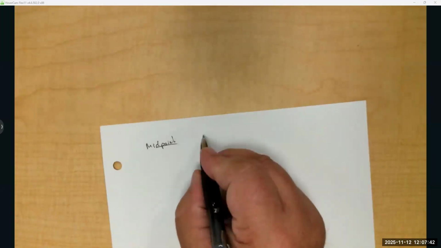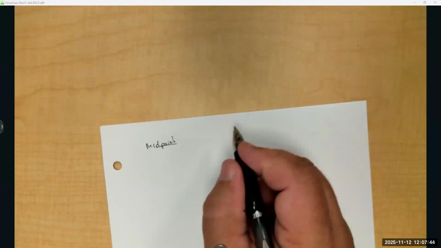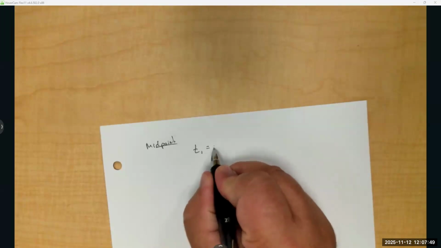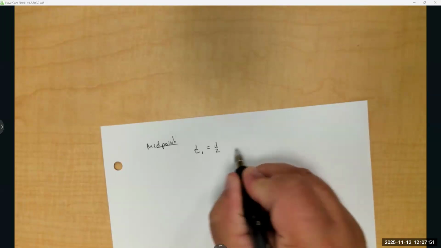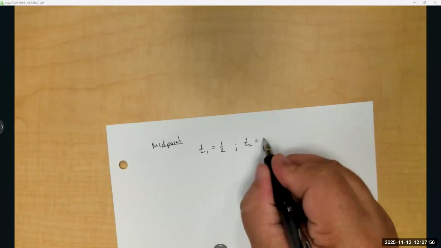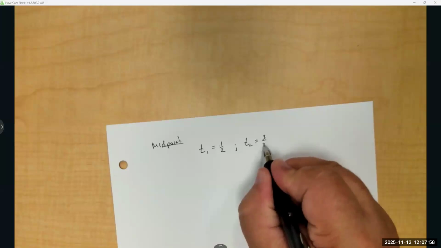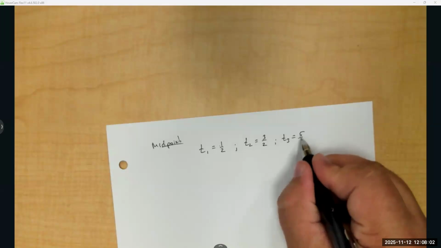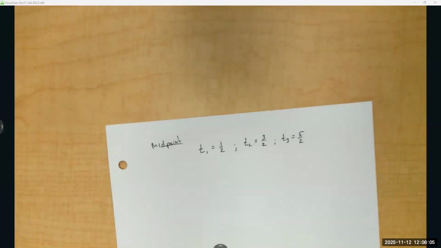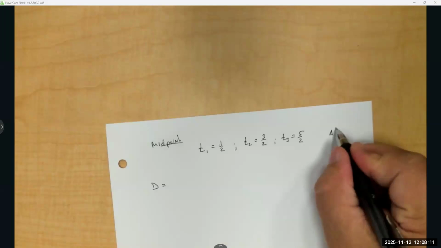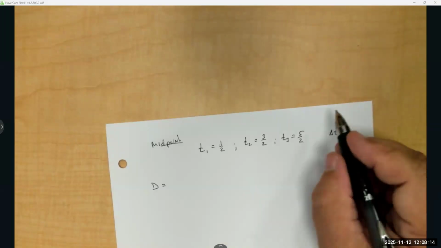Now the midpoint. So the midpoint we're using here is at t1 is 1/2 or 0.5, t2 is 3/2, and t3 is 5/2. So the distance traveled, again, delta t is still the same, that's still 1.